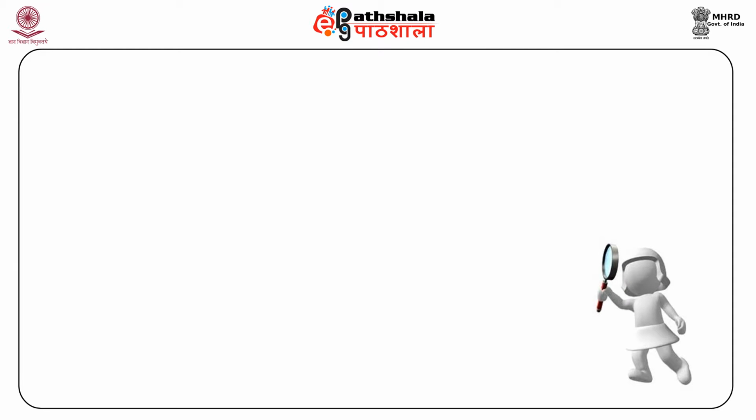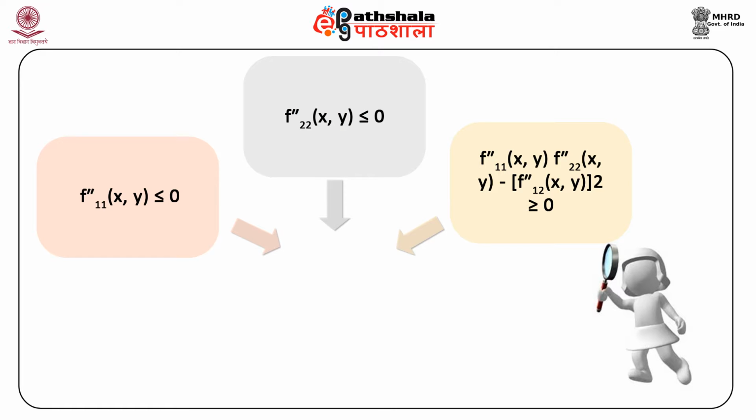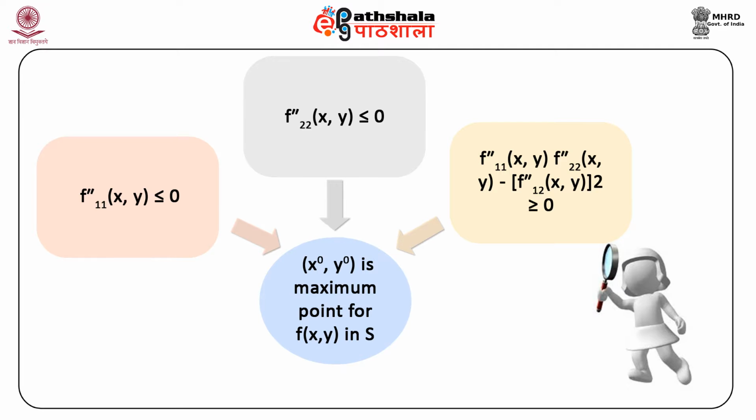If for all x, y in S one has f''11 less than or equal to 0 and f''22 less than or equal to 0 with the given inequality greater than or equal to 0, then (x0, y0) is a maximum point for f(x, y) in S.